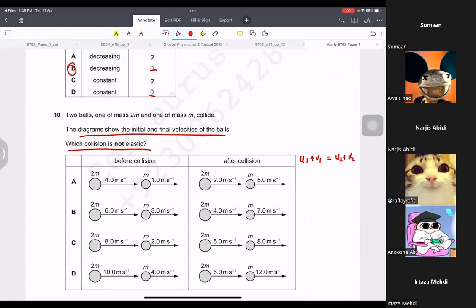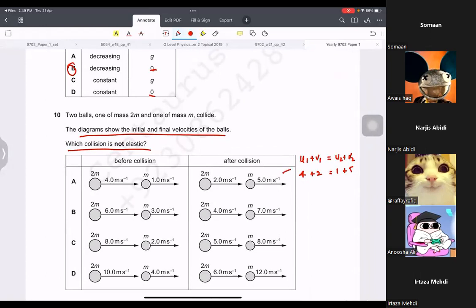All of them are going towards the right for some reason. I don't know why. Masses are irrelevant in this equation. So 4 plus 2 and 1 plus 5: 4 plus 2 is 6 and 6, elastic.